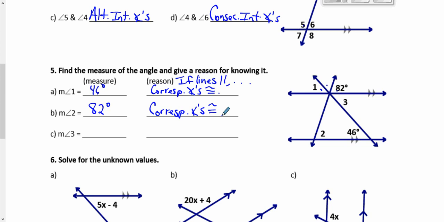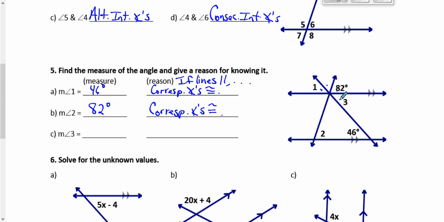And then angle 3. 46. How do we know it's 46? Well, wait a minute. Don't angle 3 and 82 add up to 180? Aren't they a linear pair? Are they? No. Right, they don't quite make up the whole line there, right?